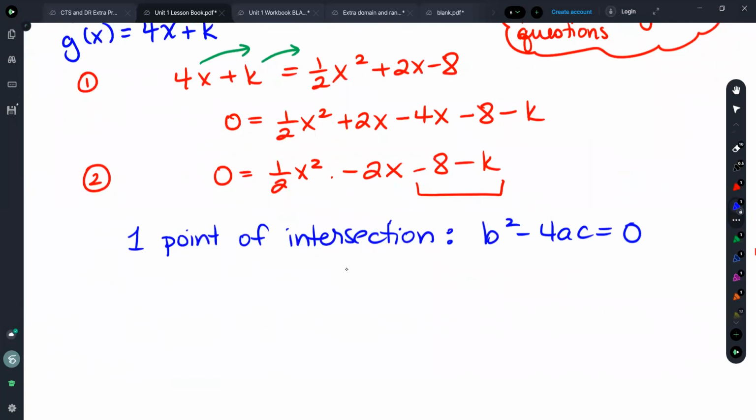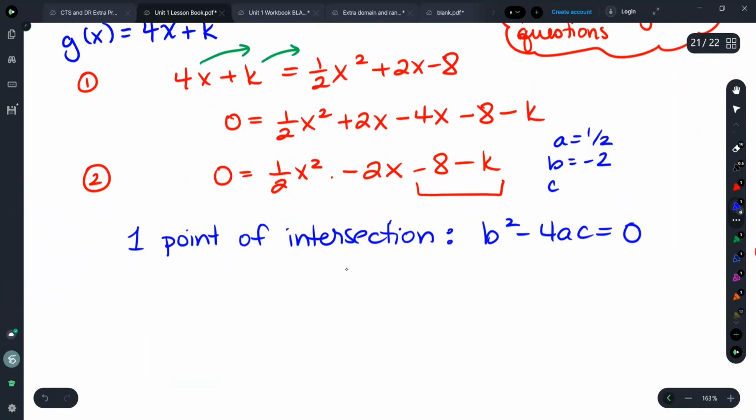So in this case up here, a is a half, b is -2, and c is the combination of both of these. So we're going to write c as -8 minus k. And I'm going to plug them into b squared minus 4ac.